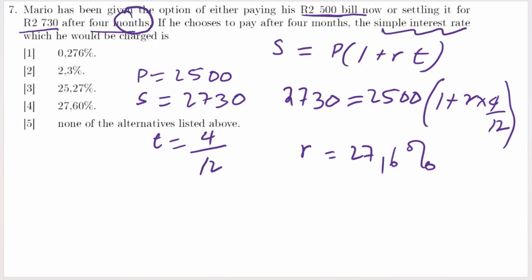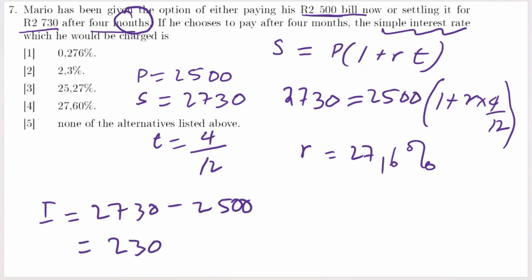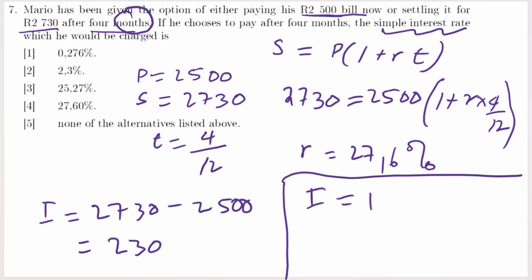If you don't like this method, you can just go and calculate the actual interest. I know that the interest is equal to the future value minus the present value. After you found the interest, which is 230, you now use the formula I is equal to PRT, which is simple interest.